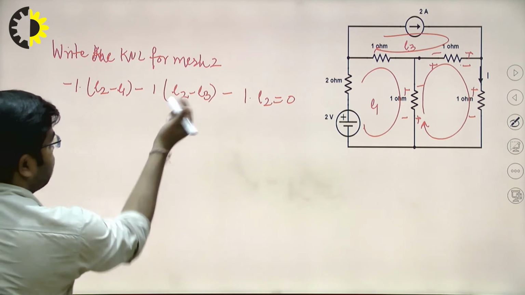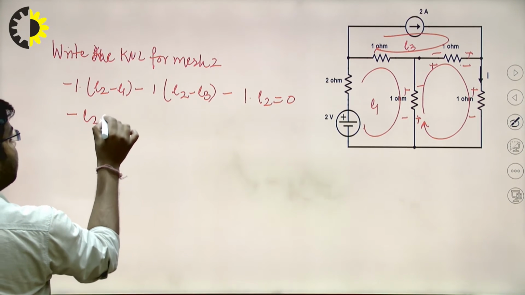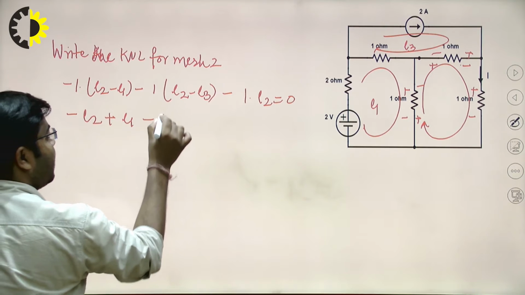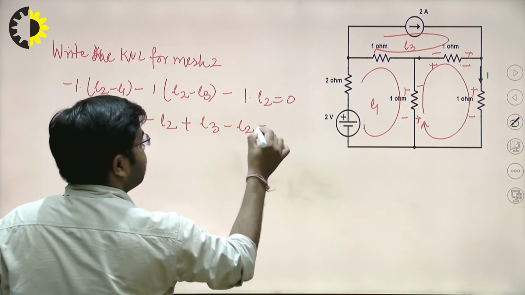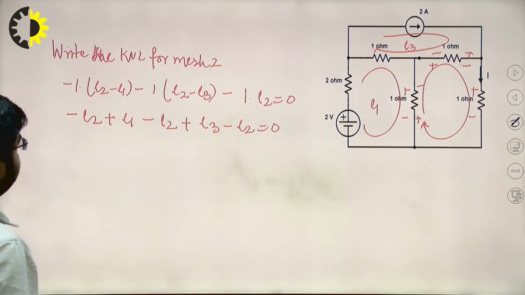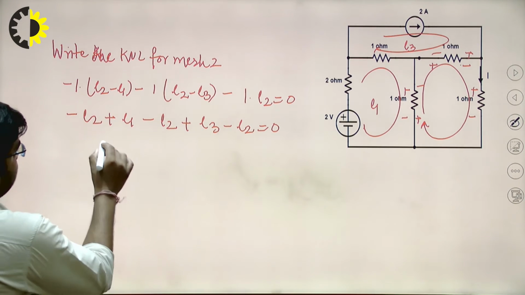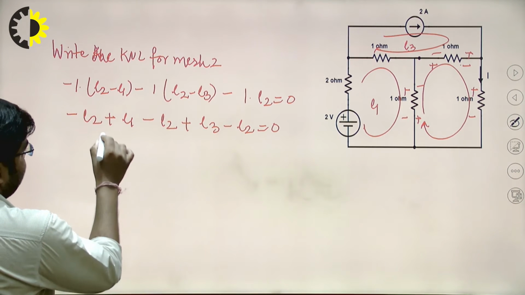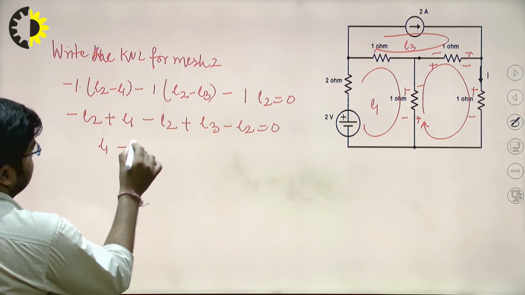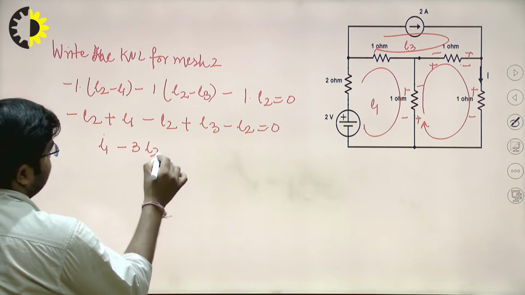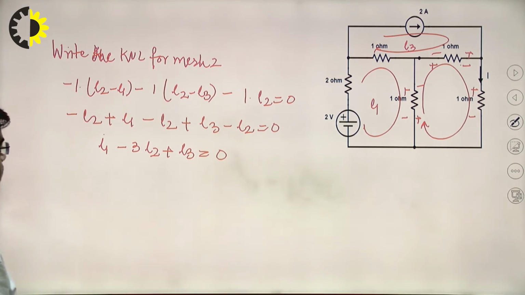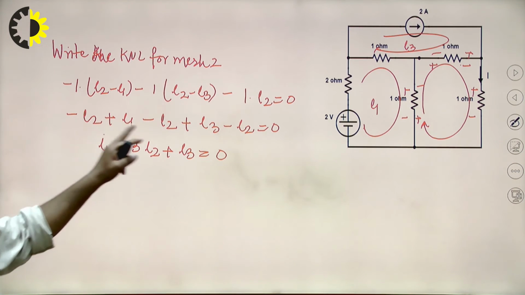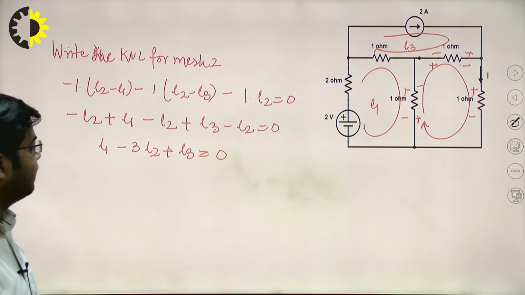Now rearrange this equation. So minus I2 plus I1 minus I2 plus I3 minus I2 is equal to 0. So you can write I1 minus 3I2 plus I3 is equal to 0.